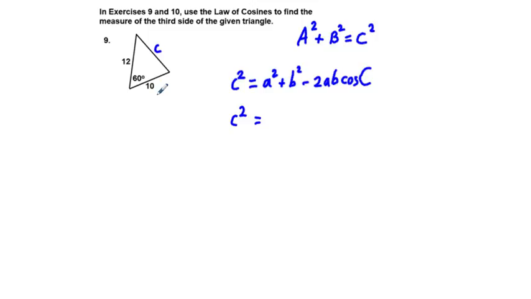We'll say a is 10 and b is 12. So we'll say 10 squared plus 12 squared minus 2 times 10 times 12 times cosine of what angle? 60 degrees.